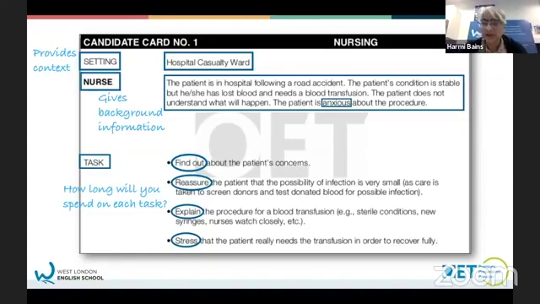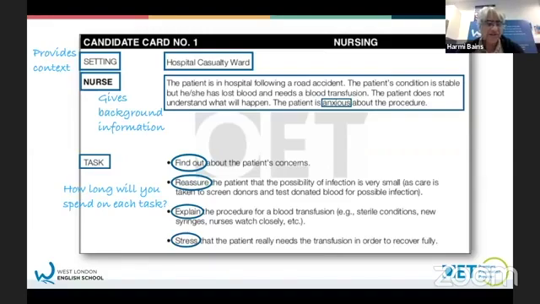You're just going to really be asking them a question about what's worrying them. And if you look at the second task, it says reassure the patient that the possibility of infection is very small, as care is taken to screen donors and test donated blood for possible infection. I think you can see you're going to spend more time on this task. You might spend a minute and a half on this task.